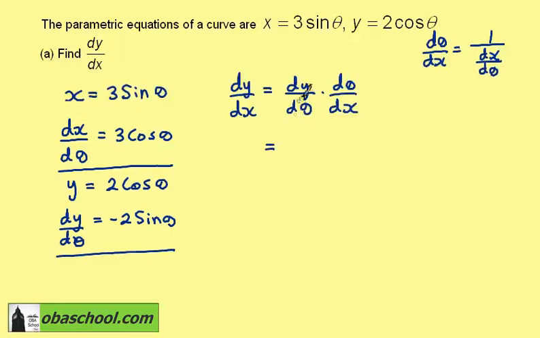So this becomes dy/d theta, which is minus 2 sine theta, multiplied by 1 over 3 cos theta. The minus 2 over 3 gives minus 2/3, and sine theta divided by cos theta is tan theta.